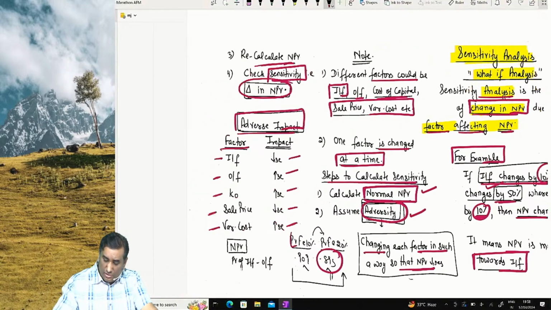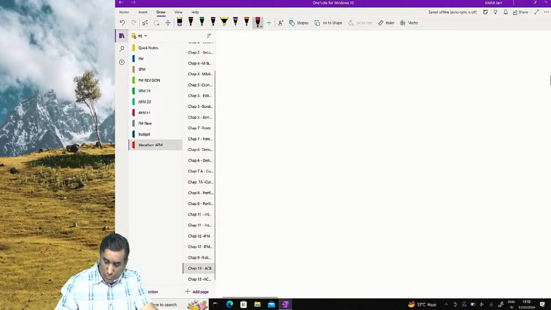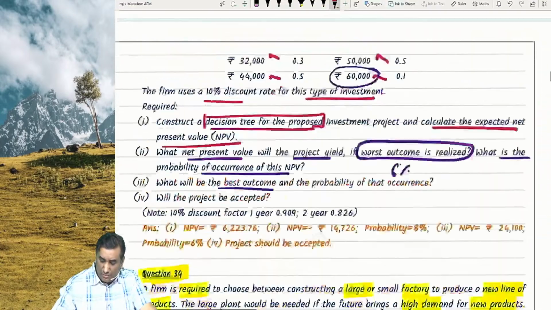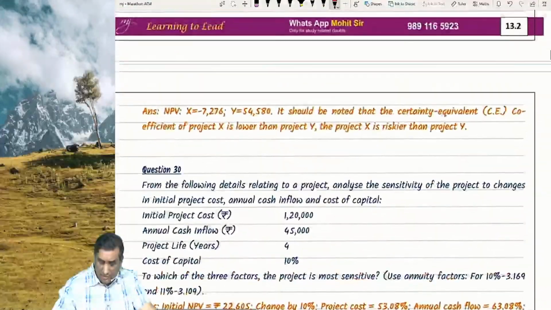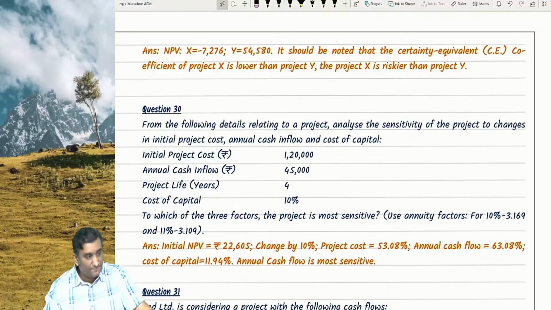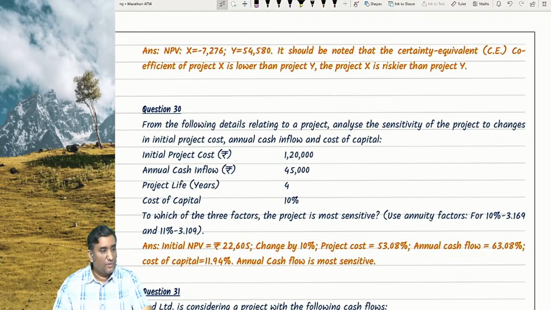Let me look at the question once. We'll do a couple of questions on the practical side, then we'll come to the theoretical, academic style of it. Question number 30. Read once quickly, please.